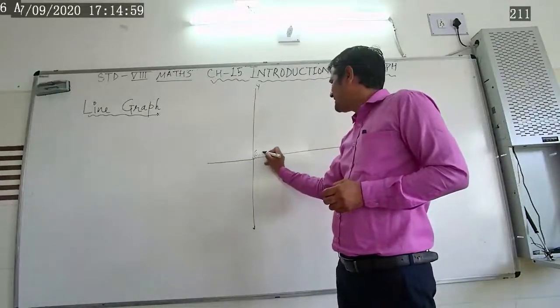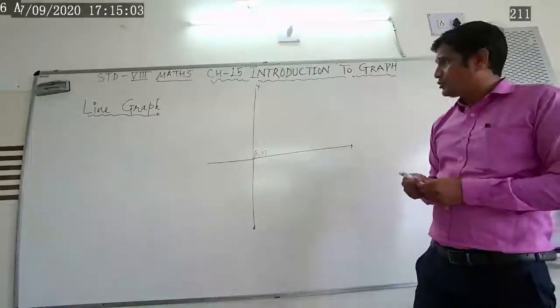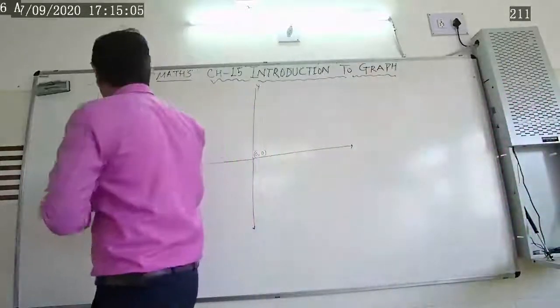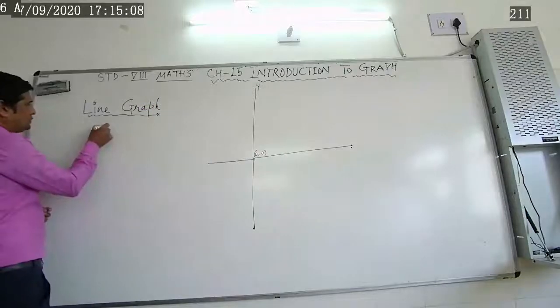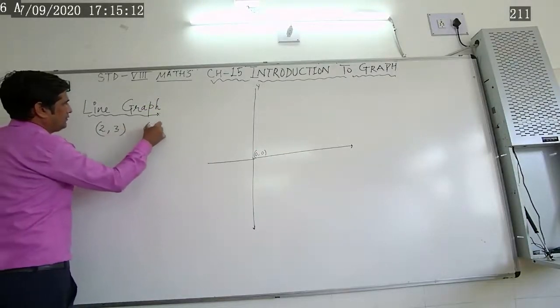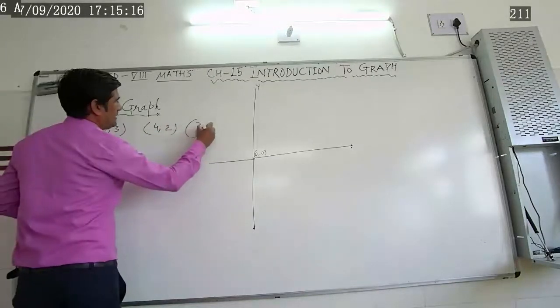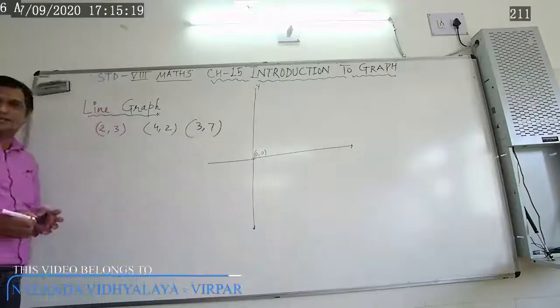whatever the points we are going to plot, firstly, suppose I have the points (2, 3), (4, 2), (3, 3). Likewise, these are the points.